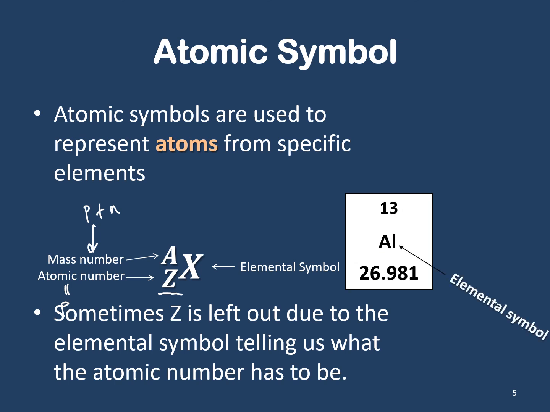And we have the elemental symbol, we have the atomic number, and we have the atomic mass. Now the atomic mass we'll talk about more in a later lecture video. It is not to be confused with the mass number. Mass number and atomic mass are not the same thing. In order to know the mass number, we need to typically be given that information or told how many neutrons are present in that atom's nucleus.